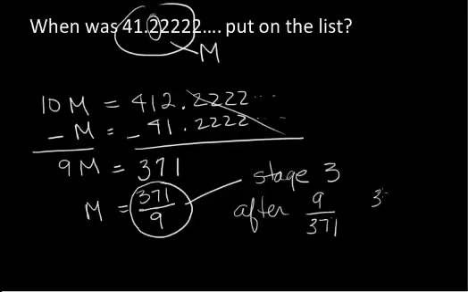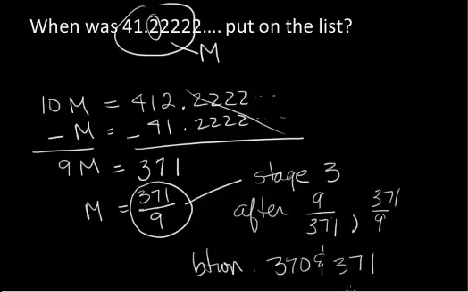Remember, we flipped it and we took 371 over 9, so in stage 3 that's what that looked like. And so if you were asked between what two natural numbers did it go, it was between 370 and 371. 9 over 371 was put in there, and then in stage 3 it was flipped over.